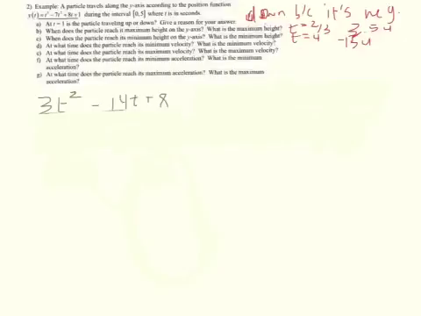In order to find the maximum and minimum velocity, we take the derivative of the velocity equation, which is this one, and that would be 6t minus 14, which is also the acceleration function. So now we solve for t, which would be t equals 14/6, which is the same as 7 over 3.